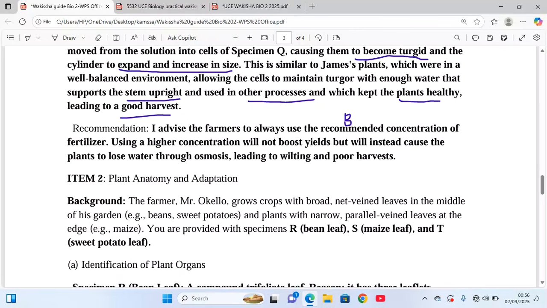So I advise farmers to use the recommended concentration of fertilizers, and in this case we advise them to use fertilizer B, which is the one with the recommended concentration.